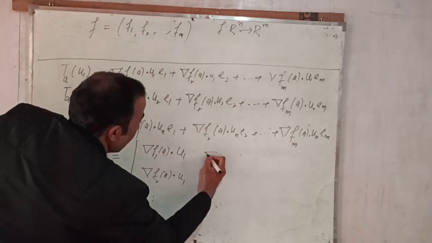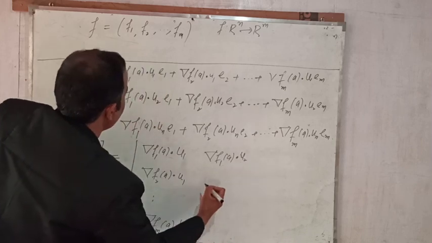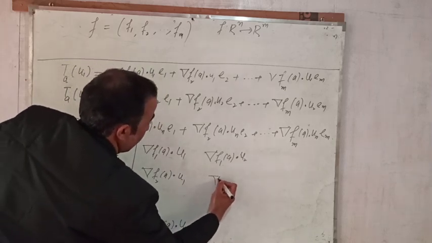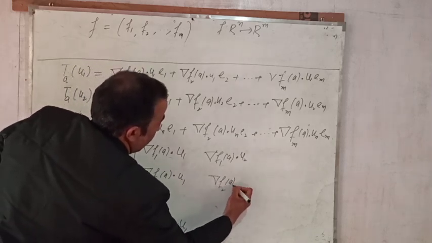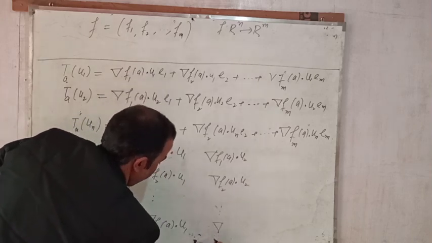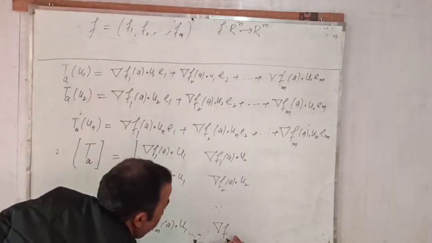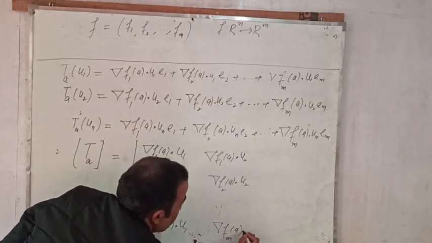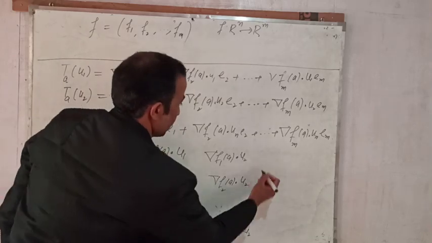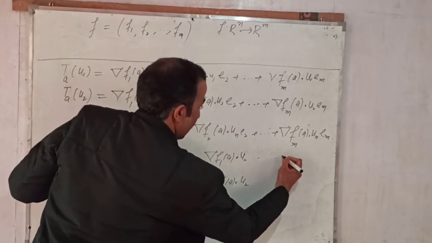So it will be delta of F1A dot U2, delta of F2A dot U2, so on, delta of FmA dot U2, then so on. The last column will be the transpose of this row.